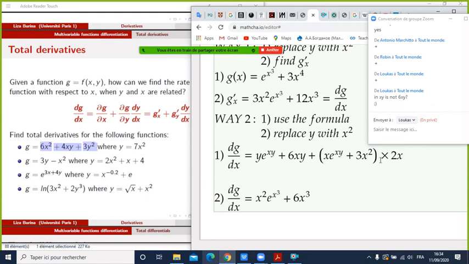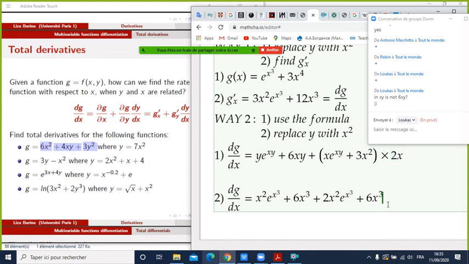So we were supposed to end up here with 2x squared e to the power of x cubed. This is just because I multiplied this by already 2x. Again, here we had this and I substituted y by x squared, plus 6x cubed. This is just this times this.